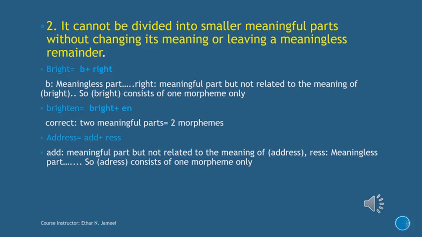If we assume that address consists of two parts, add and res, R-E-S-S. Okay, the first part is add. Add is a meaningful part. It has meaning. It means gather, collect.